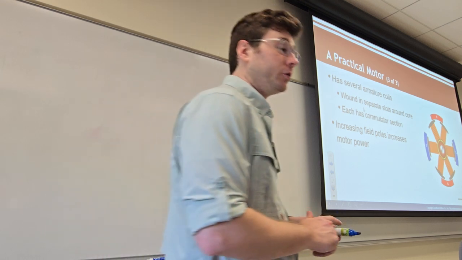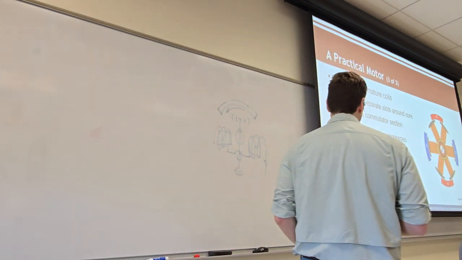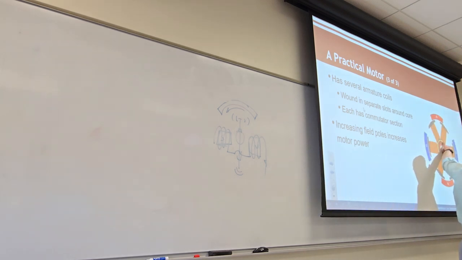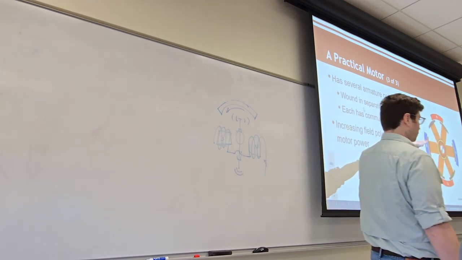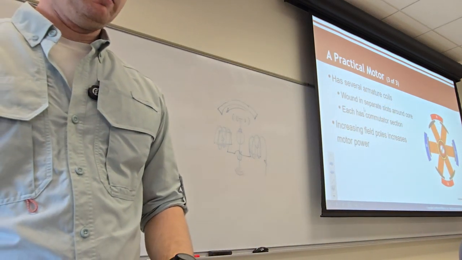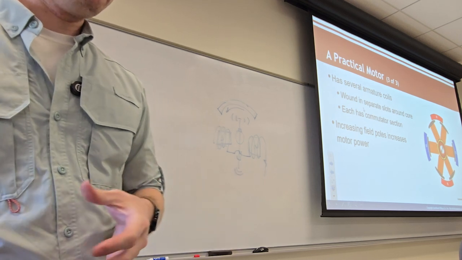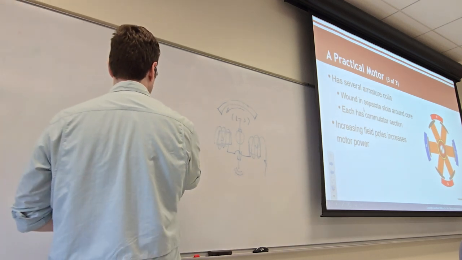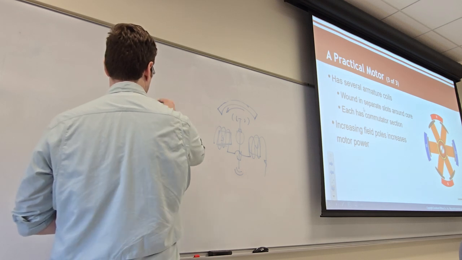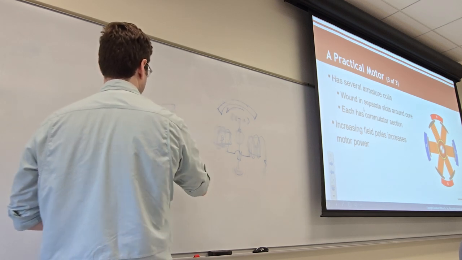All right, so this is what we were talking about, where we can have more than one pair of coils. We were talking about how more coils is better inside of a magnetic field. So we can have not just one coil in our field, but many coils that are slightly offset.